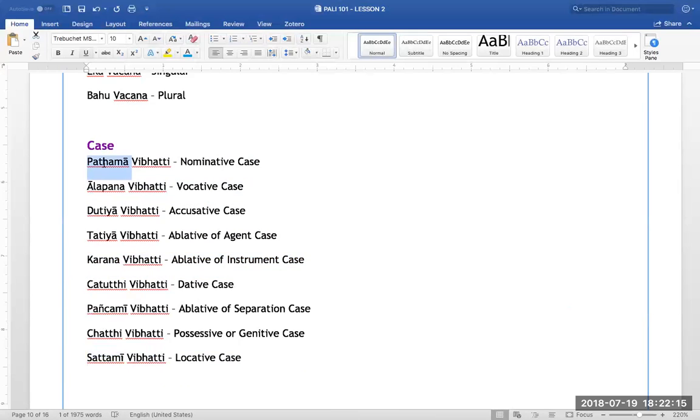So Pathama means first, Dutiya means second, Tatiya means third, Chatuthi means fourth, Panchami means fifth, Chatti means sixth, Saptami means seventh. Okay, so first vibhati, second vibhati, third vibhati, fourth vibhati, fifth vibhati, sixth vibhati, and seventh vibhati.